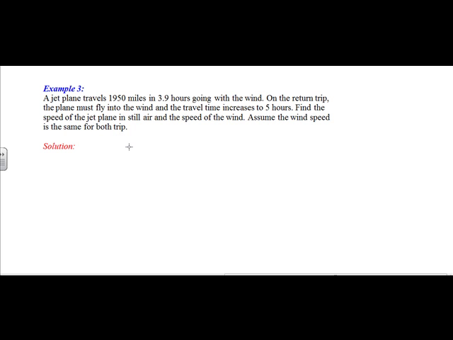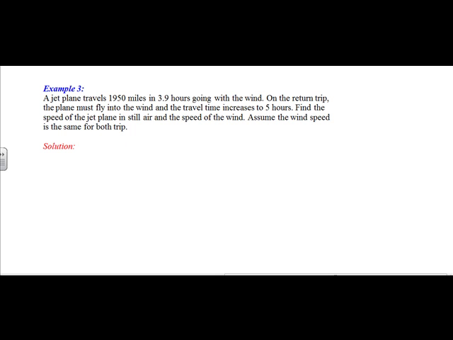This is an example of uniform motion. In this case, we deal with a distance problem, the distance, rate, and time problem. In short, it's called a distance problem. So the problem is asking us to find the speed of the jet plane and the speed of the wind. So that is what we have to solve.